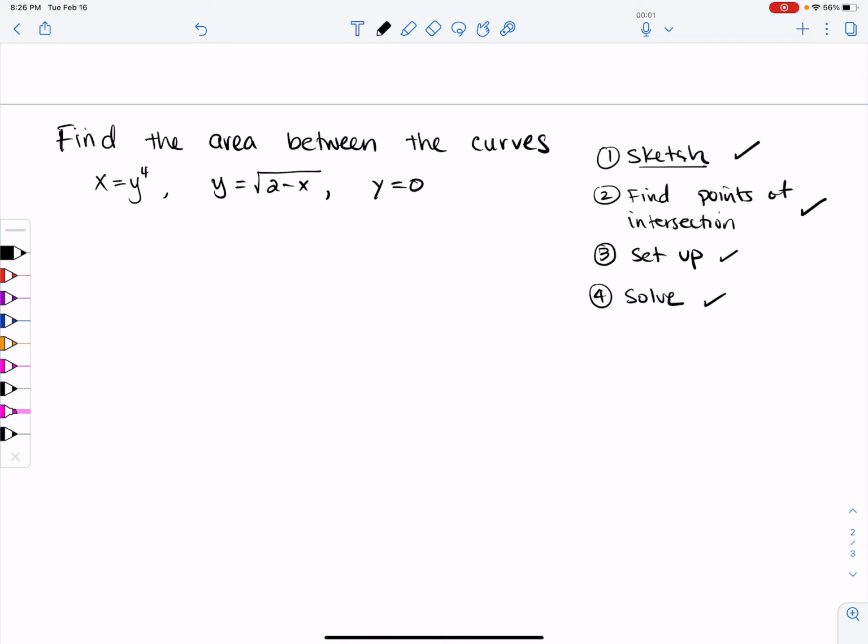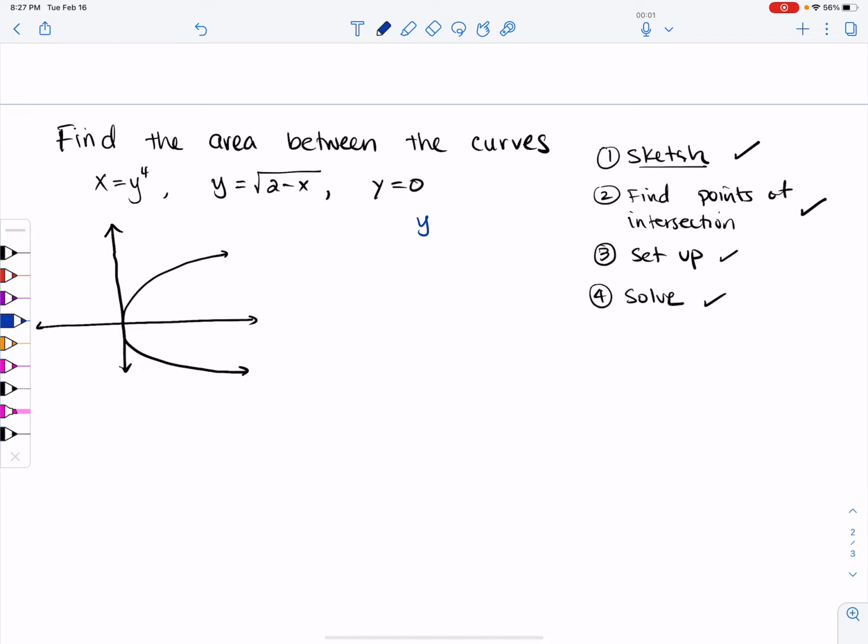So to sketch the region, we have x equal to y to the fourth, and x equal to y to the fourth is a graph that looks something like this. And then we have y equal to the square root of 2 minus x.